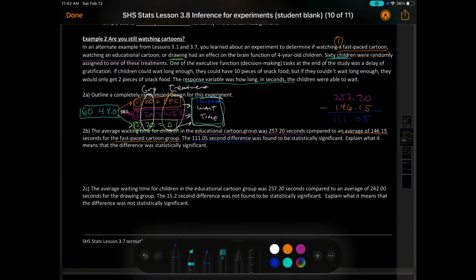So we're just supposed to be here explaining what statistical significance means in context.